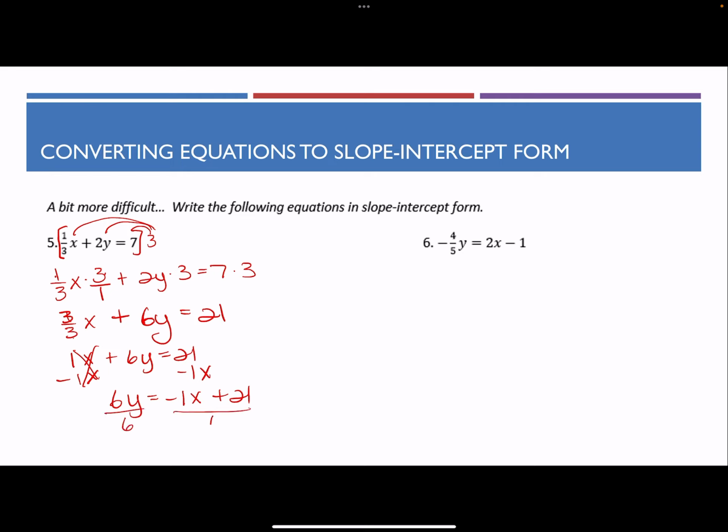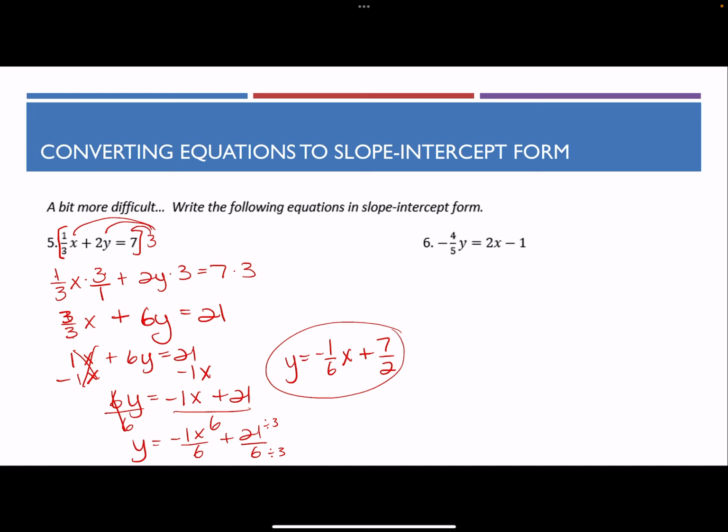Divide by 6, divide by 6. That cancels. y is equal to negative 1x over 6 plus 21 over 6. Now, neither of these go in even, but I can simplify. So negative 1 over 6x plus, 3 goes into 21 and 6, so that'll be 7 over 2.